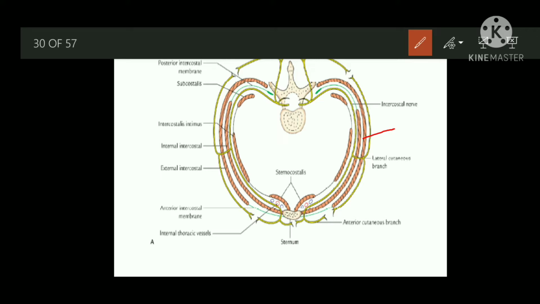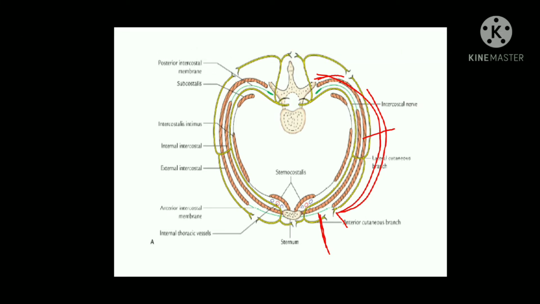This external intercostal muscle extends from the tubercle of the rib behind to the costochondral junction, where it is replaced by the external intercostal membrane.